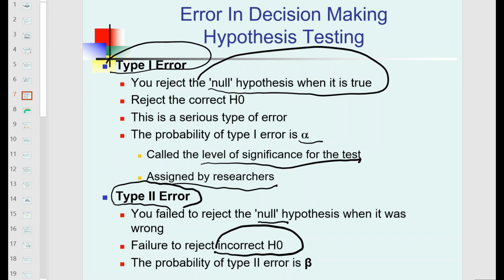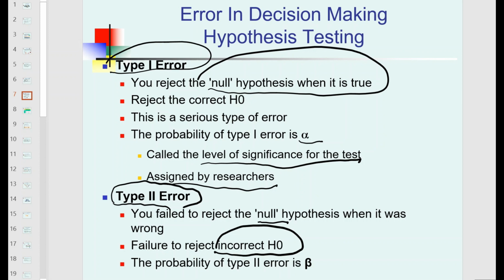So one is about when it's true: you have to not reject, but you reject. That's a type 1 error. And type 2 error is when the null hypothesis is actually wrong, but you go and accept, or we can say fail to reject.